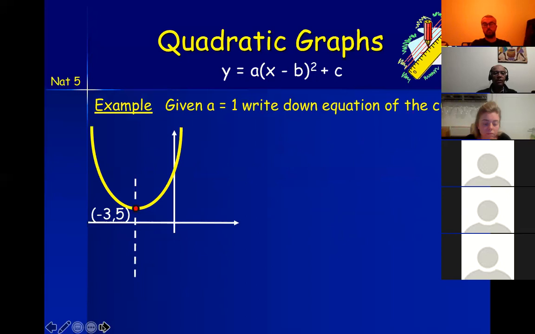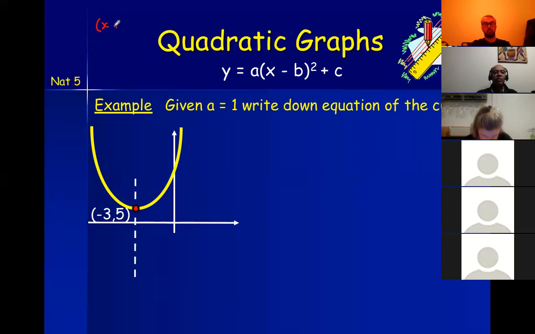Okay, so a bit of practice. This time, instead of sketching it, we've been told to write down the equation of this curve. So what you would look for is, remember what we said, when x = -3, y = 5. That's my turning point. So that means I'm going to have something in the form of (x + 3)².